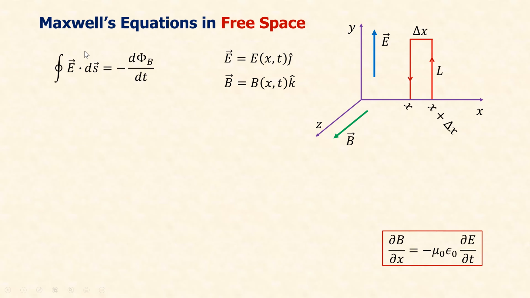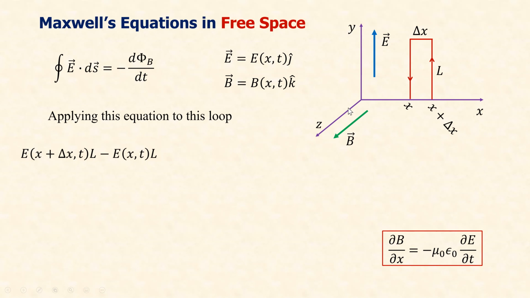Then we need to calculate the integral of E dot ds over this, counterclockwise. And that becomes E evaluated at x plus delta x times L, at time t, minus E evaluated at x times L, right?